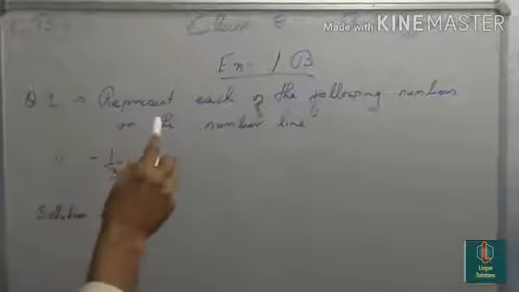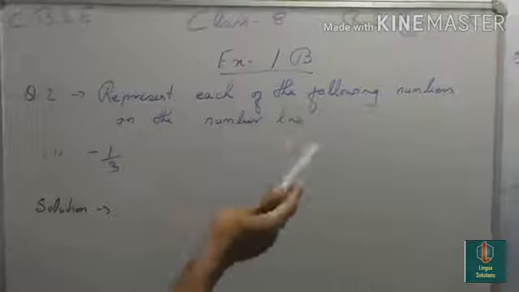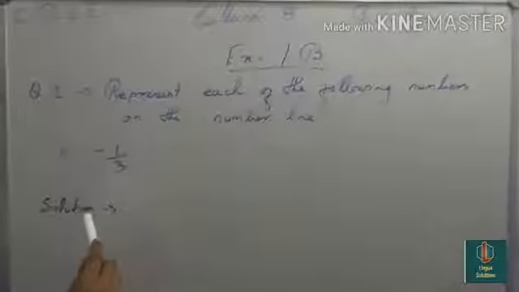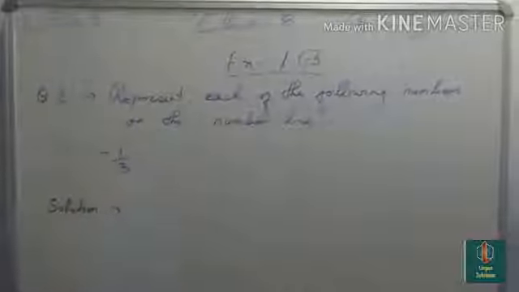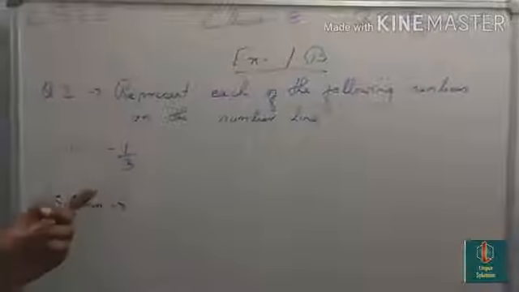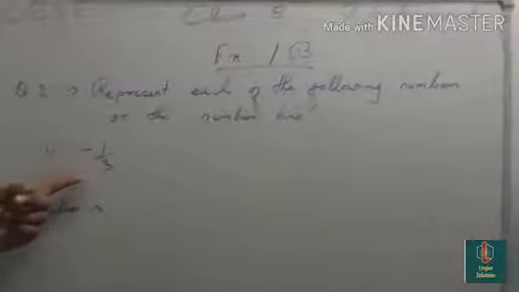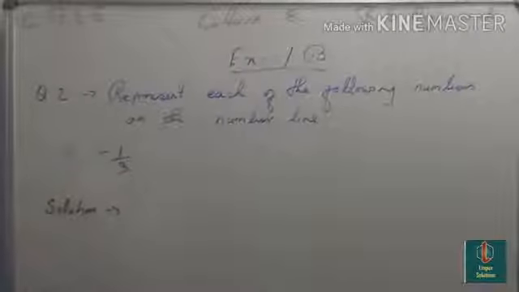Next question is, represent each of the following numbers on the number line. Our number is minus 1 by 3. Here we see that the number is in negative form.